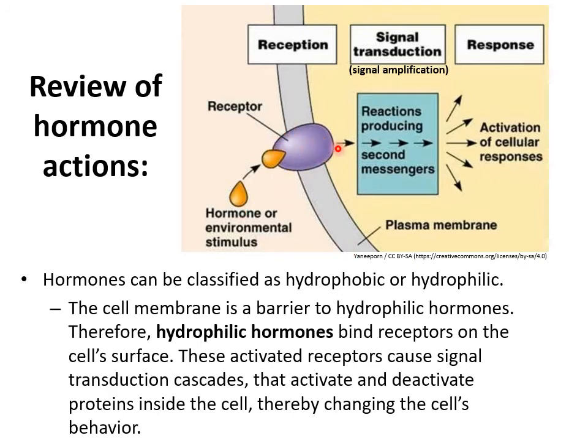So the receptor will be sitting on the surface of the membrane, and when it binds, it results in a shape change that allows different proteins in the cytoplasm to interact with it. For example, adenylyl cyclase will cause all these second messenger effects that will cause a huge change in cell activity in the cytoplasm.